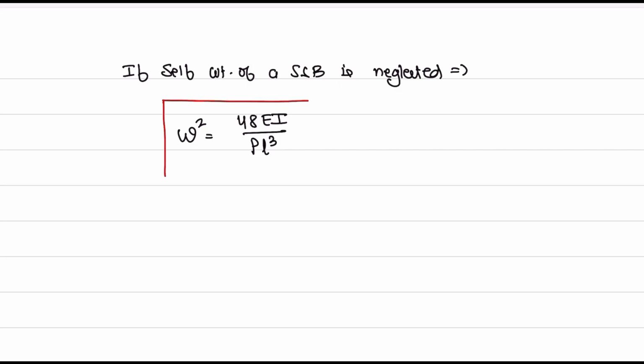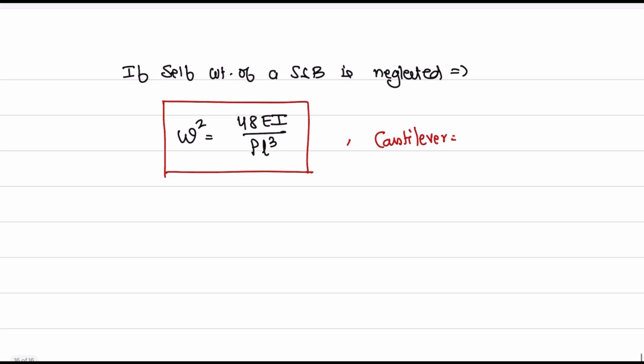This is SSB. What about cantilever? We have derived earlier in the previous class: 3 EI by PL cube.